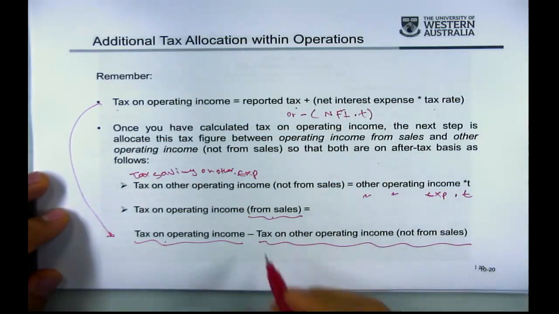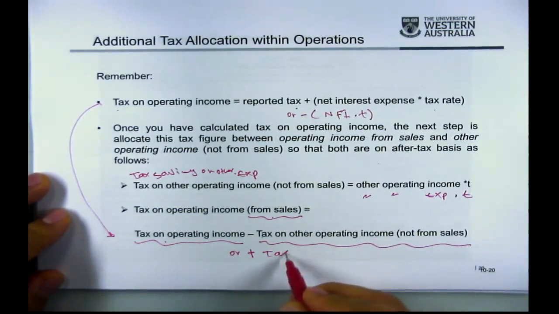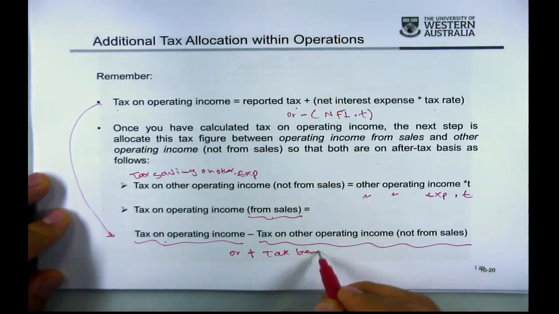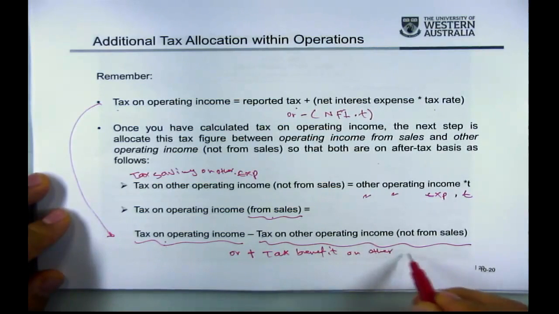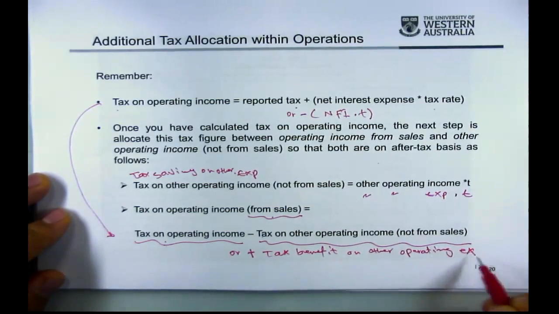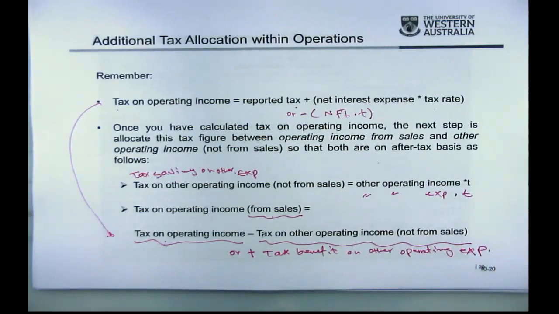Again, I would like to remind you, this one could be plus tax benefit on other operating expense. So it depends. If it is an expense, we add the tax benefit. If it is an income, we subtract the tax on this income. Make sense?